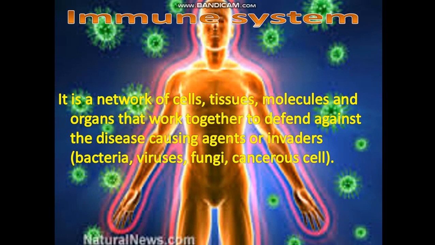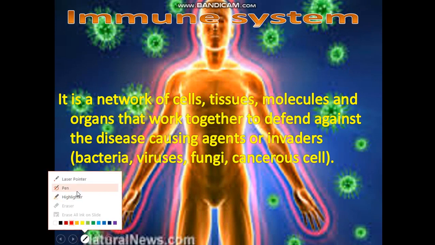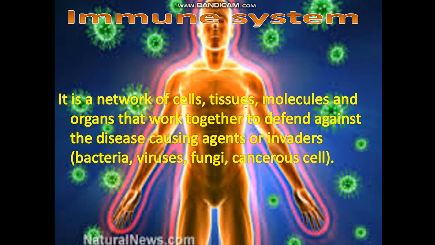The immune system, as I have explained before, is a network of cells, tissues, molecules and organs, all working together to protect your body against disease-causing agents, the invaders and aggressors, things that do not belong to our body like bacteria, viruses, fungi and cancer cells.